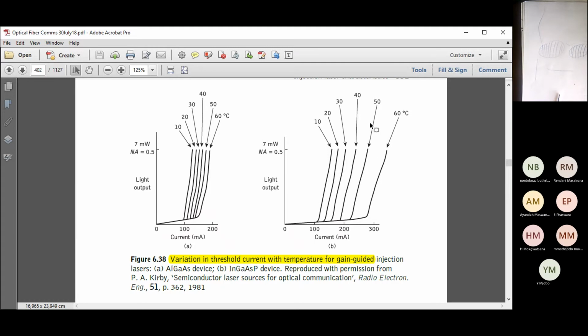You must control the temperature to be exactly 40 degrees in this case, or 50 degrees at this current here. So you better do temperature control on this thing. So you need a complicated electronic circuit to be able to work with this laser.